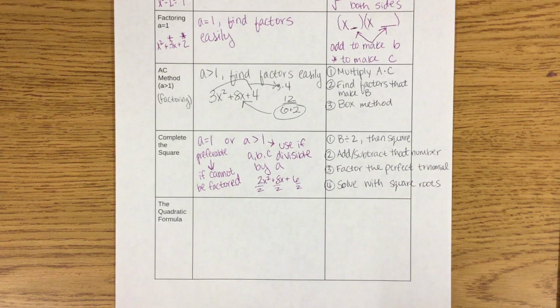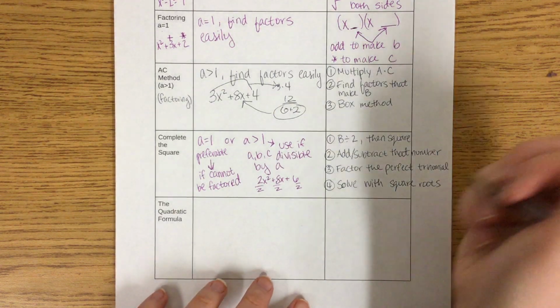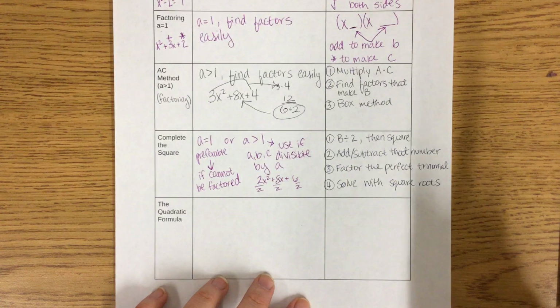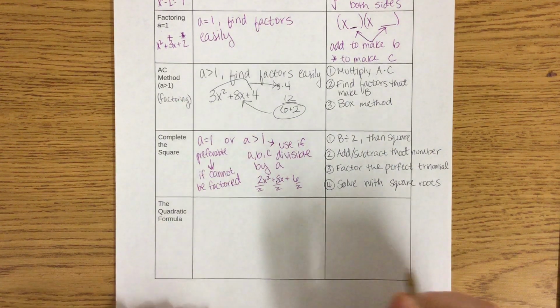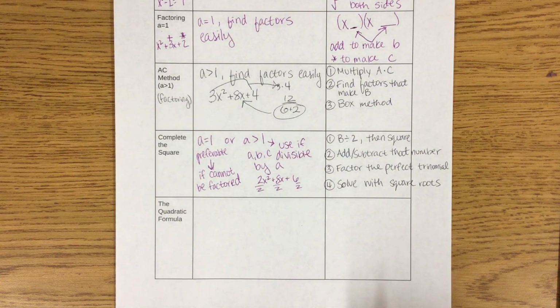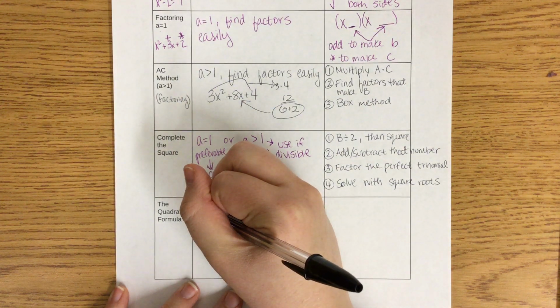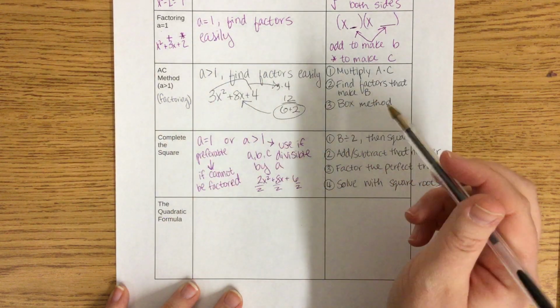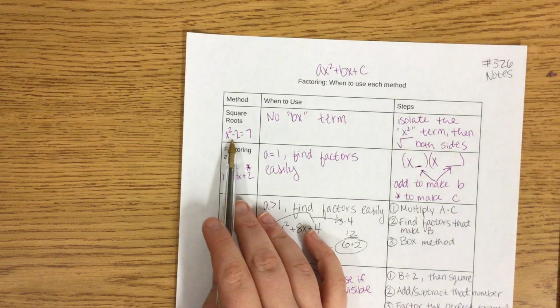Okay. And our last one, the quadratic formula. I'll just write it. So the quadratic formula is usable on anything, really. You could even use it all the way back up here at x squared minus 2 equals 7.